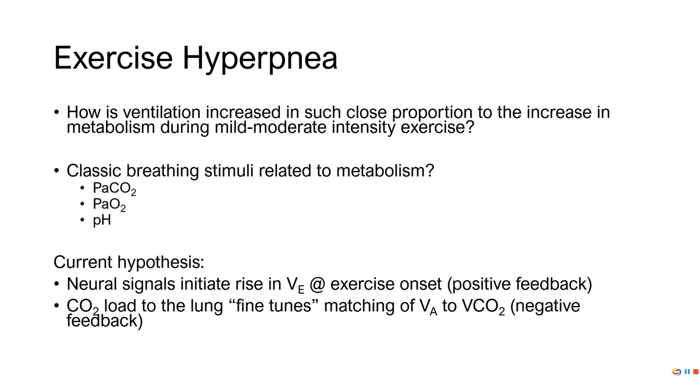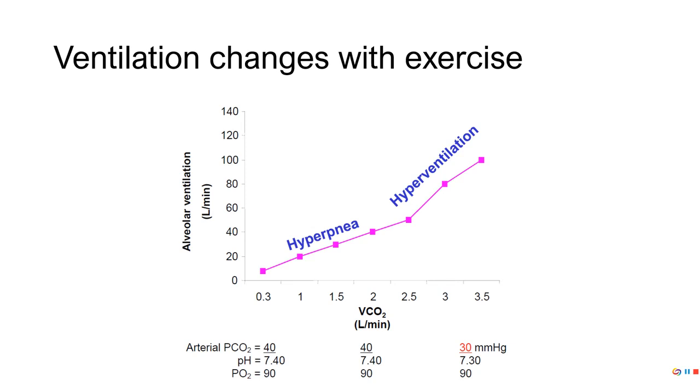So we've got a positive and then a negative feedback loop. What you can see here, where it says 2.0 for the VCO2, I'm producing 2 liters a minute, is that our arterial CO2 is at 40, our pH is at 7.4, and our PO2 is 90. The same values as what we've got at the beginning.